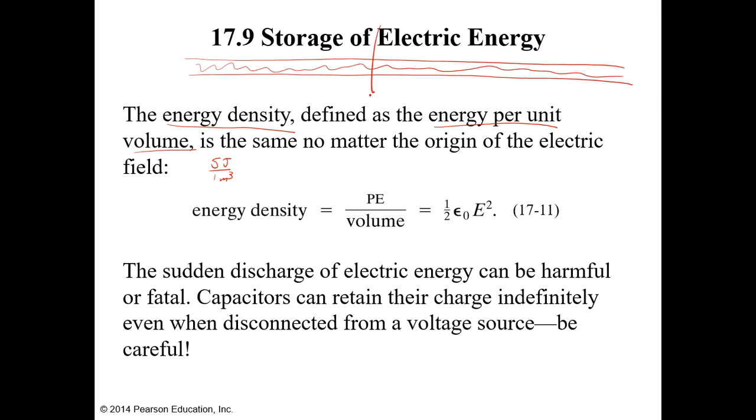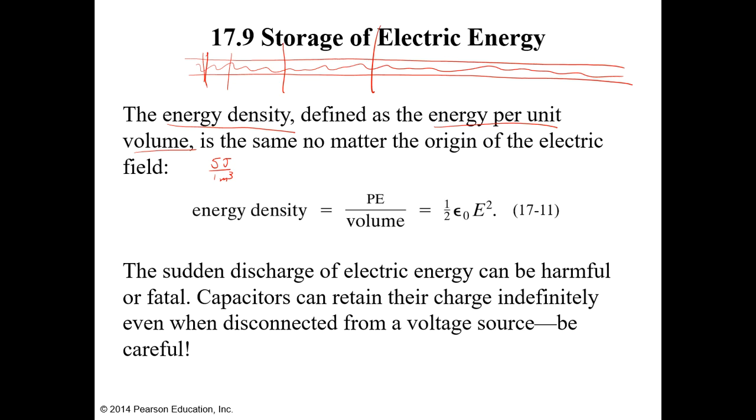If I cut it in half, it still stores 5 joules per cubic meter. Cut it in half again, 5 joules per cubic meter, and so on. Even if I just take a sliver of this, it still stores 5 joules per cubic meter of volume. And so the energy density is very helpful in describing one capacitor, distinguishing one capacitor from another, and yet relating them to each other.